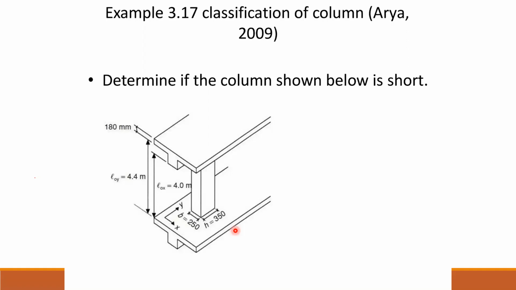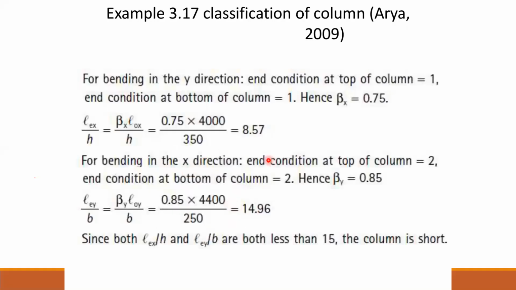If you take the thickness here, this is 180 plus 400, so 580. That is significantly greater than the beam width. So then it should be considered as condition number 2. That's how the top is condition 2 and the bottom is also condition 2.